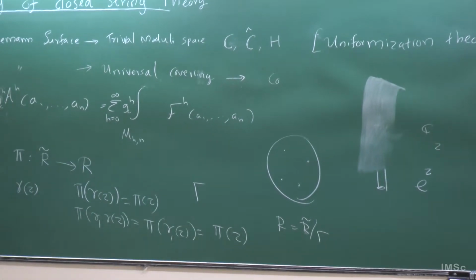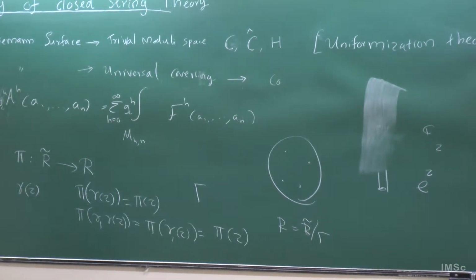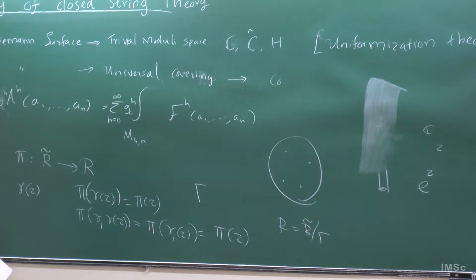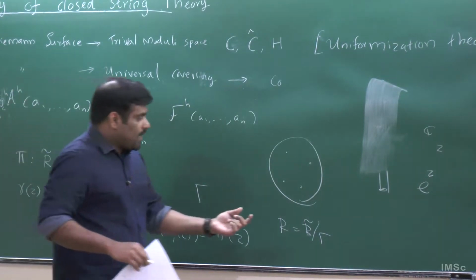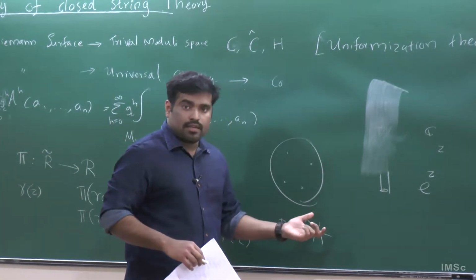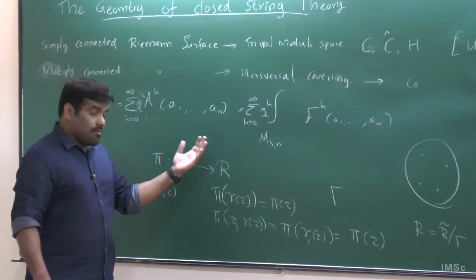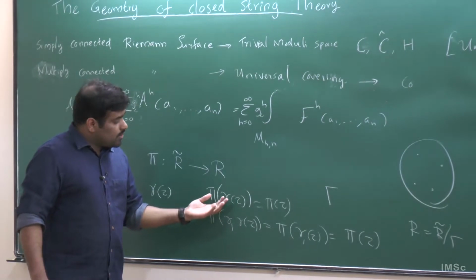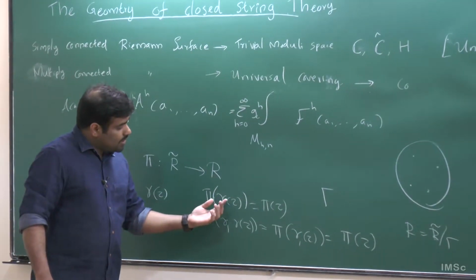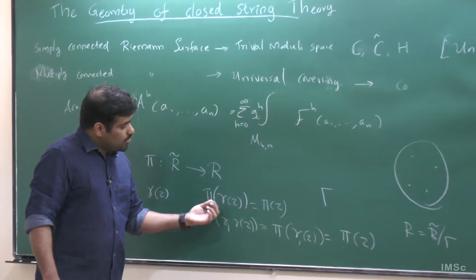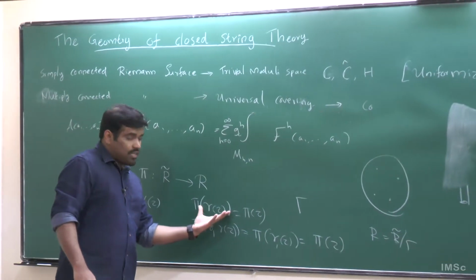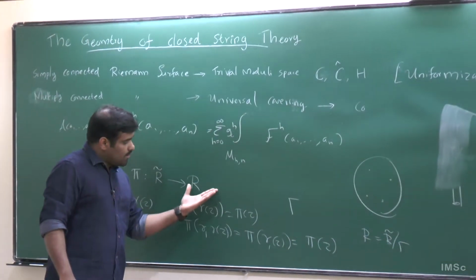Maybe a silly question: what makes gamma a discrete group here? Is there some easy way to say it? The easy way is the following. You have a covering space, and in the covering space you are identifying 2 points.